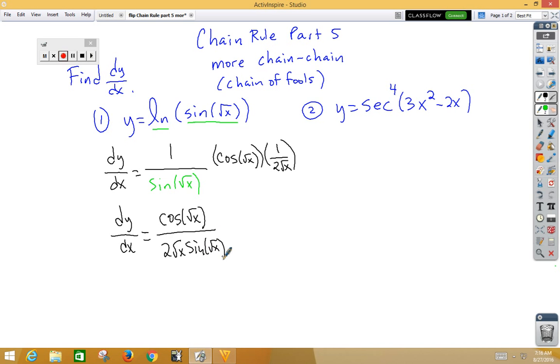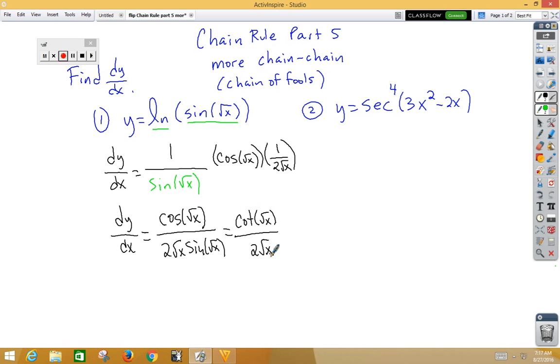We might like to see that as cosine over sine being cotangent, so we could do cotangent root x divided by 2 root x as an alternate answer.